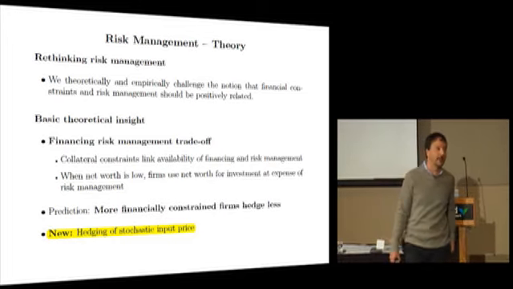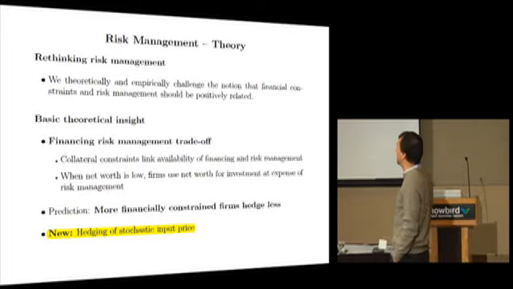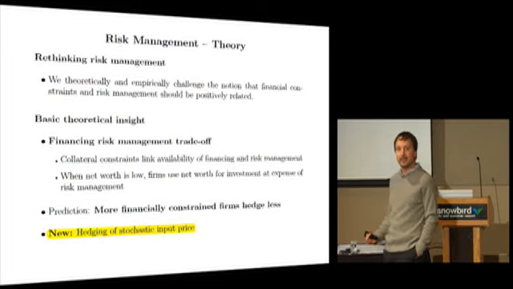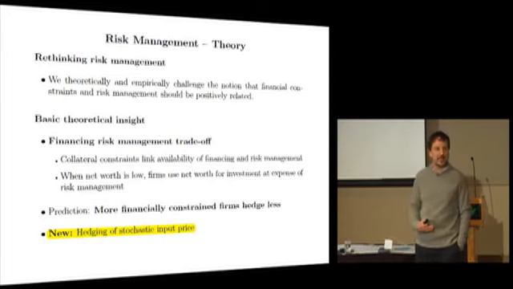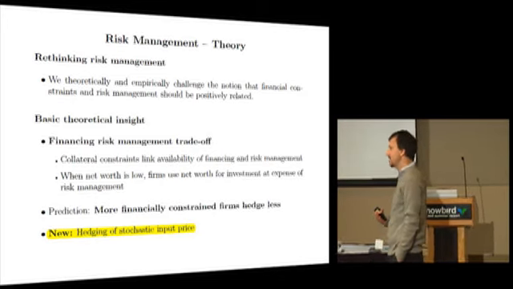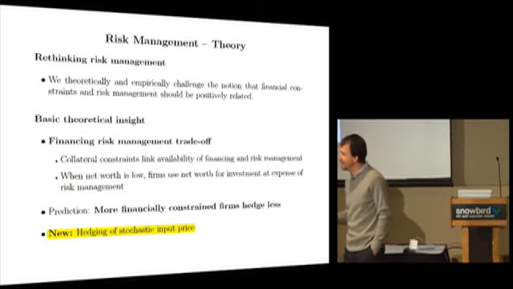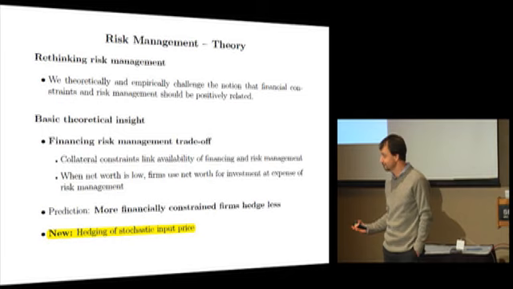Okay. So what we're going to do today is rethink risk management, and we're going to do that both theoretically and then also empirically. The basic theoretical insight is that there is essentially a basic financing risk management trade-off. The idea is simple. When you raise financing, you issue promises to pay next period.